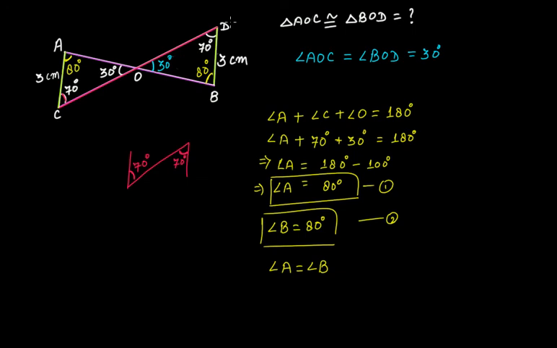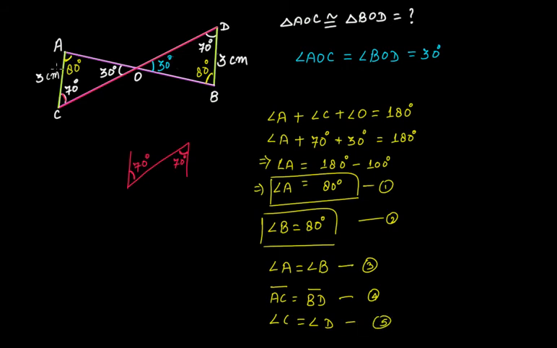Side AC is 3 centimeters and side BD is also 3 centimeters. Therefore, these two sides are equal. Then angle C is equal to angle D, 70 degrees and 70 degrees. Therefore, angle C is equal to angle D. From these 3, 4 and 5, you can clearly see that.